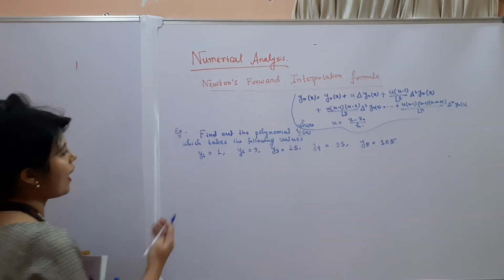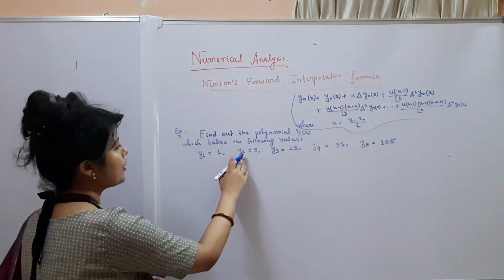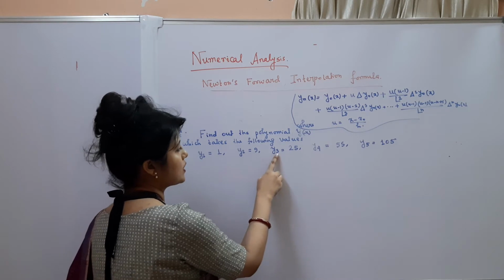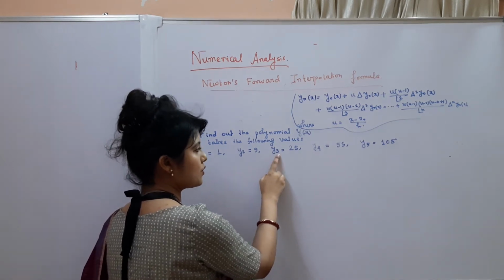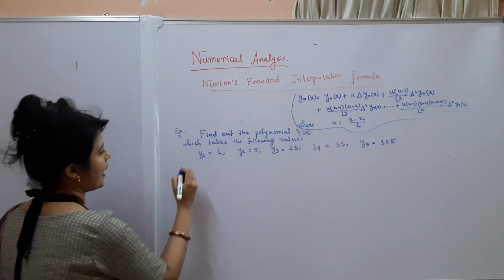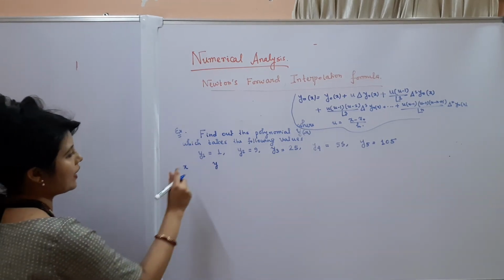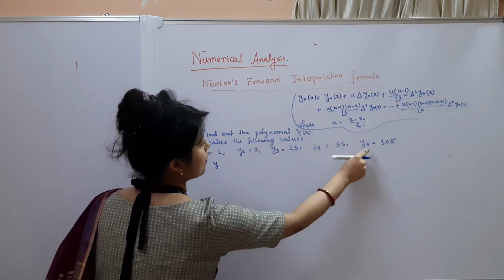Okay, so y1 means actually y when x equal to 1, y2 means the value of y when x equal to 2. Similarly, y3 means the value of y when x equal to 3, and similarly for y4 and y5. So I am writing here two columns, x and y. The values of x are 1, 2, 3, 4, 5.